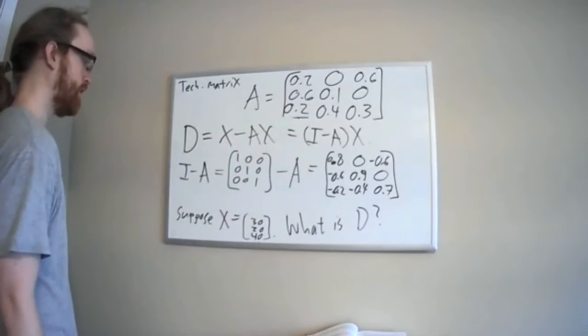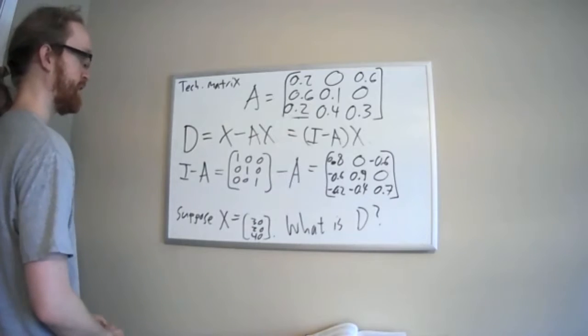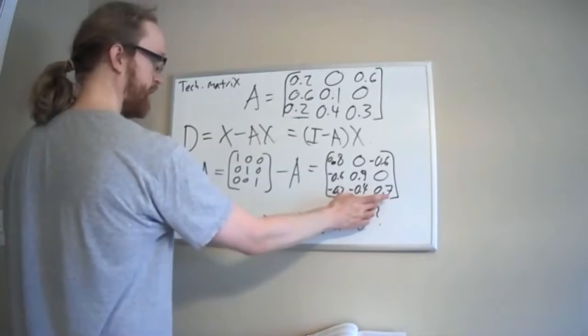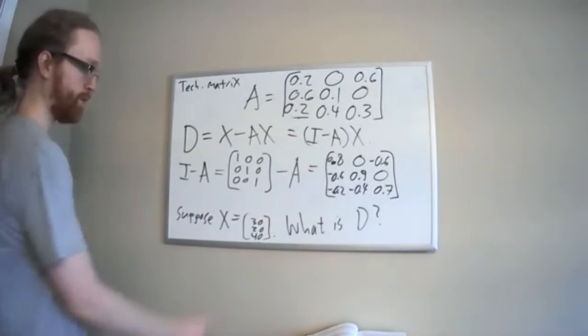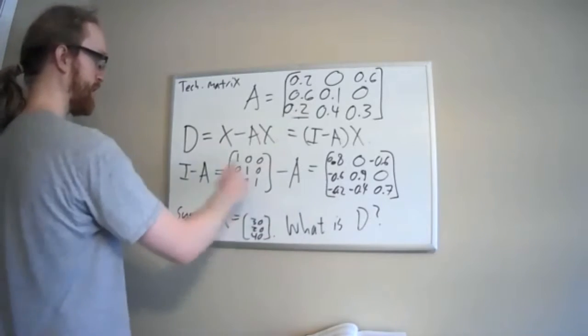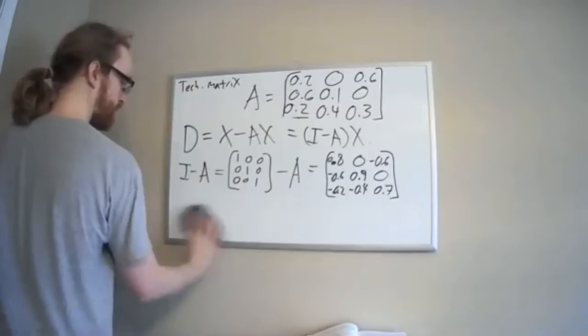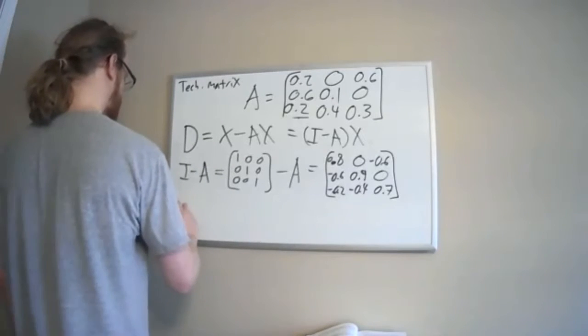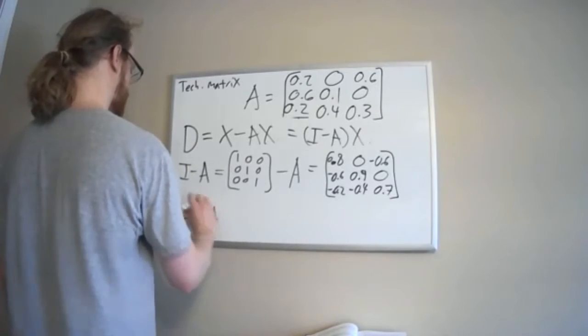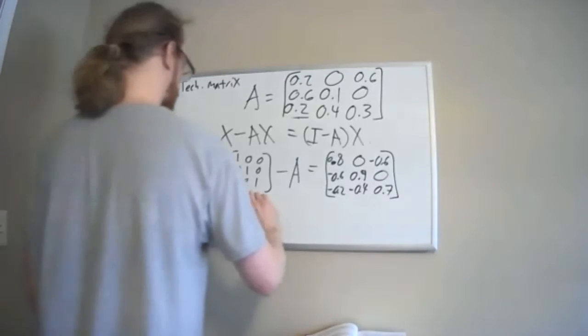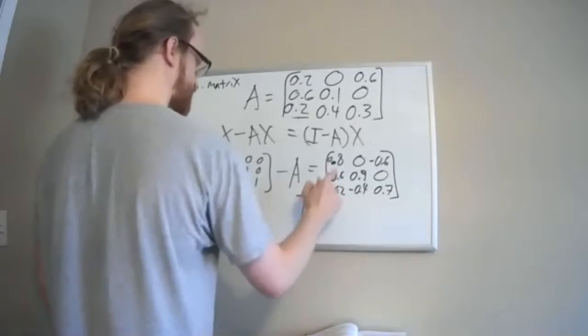Okay. So now the last thing I need to do to find D is just take this matrix and multiply it with x. We're given x, so I just need to multiply these two, and that'll tell me what D is according to this formula. So D equals I minus a times x, which is this matrix that I just found.